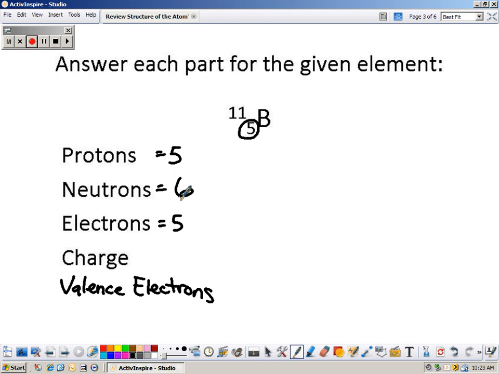So what's our charge? 0, because this is like 5 positive charges and 5 negative charges. They add up to 0. To find the neutrons, you subtract the 5 from the 11. And then valence electrons.